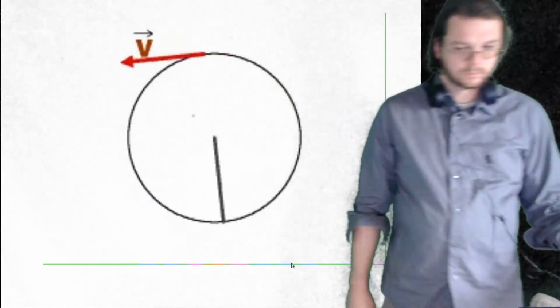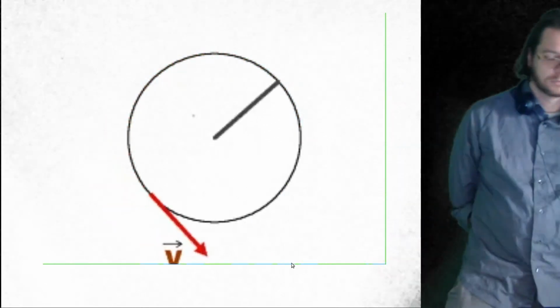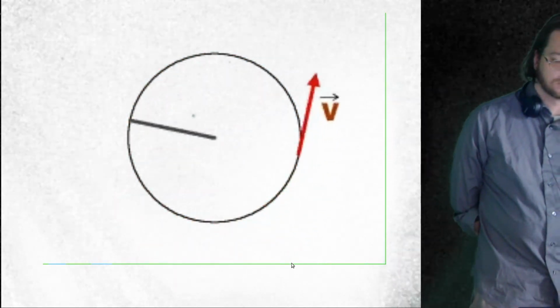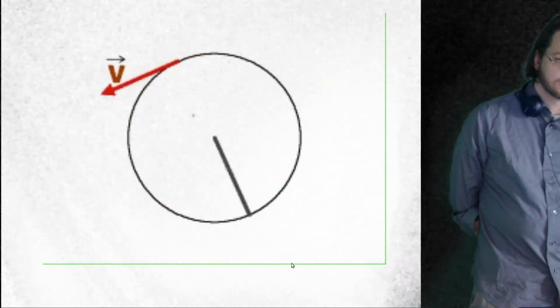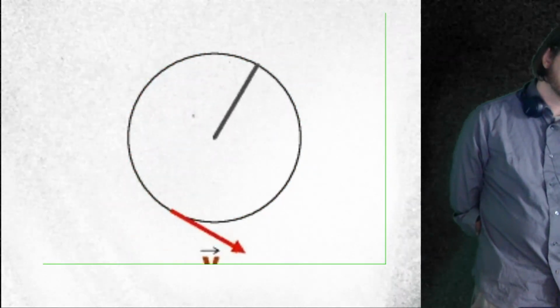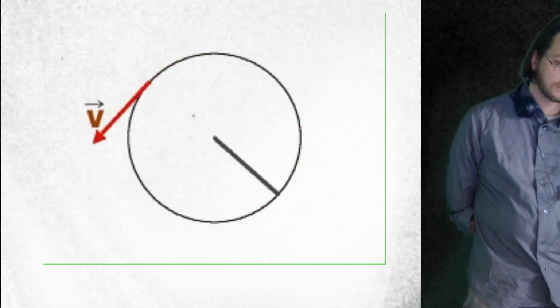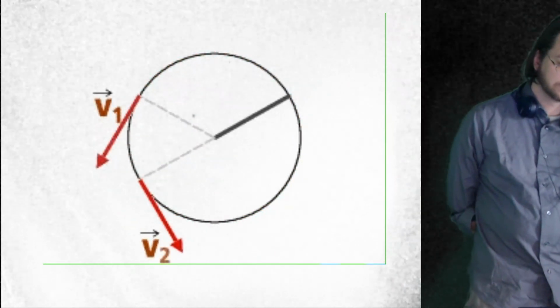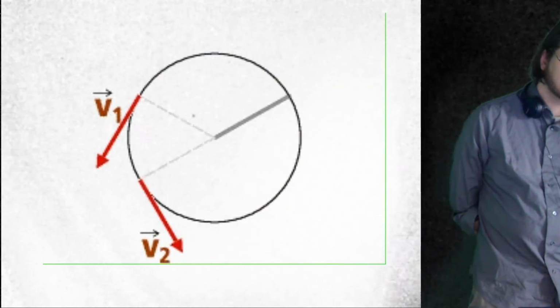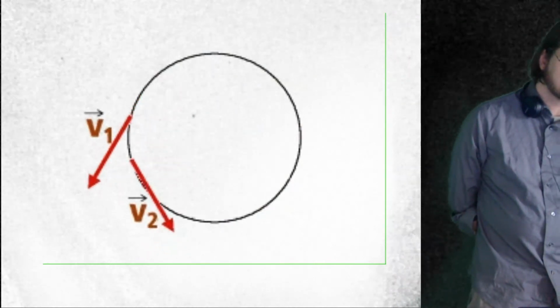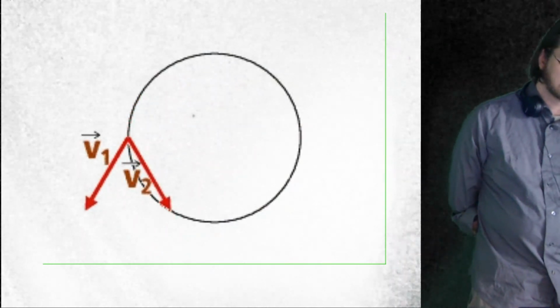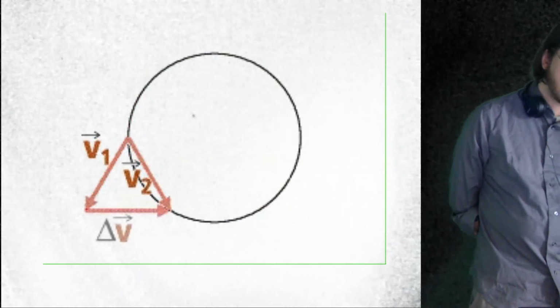If a point is moving in a circular path with a constant speed, its velocity vector is always changing direction, and it therefore has an acceleration. Suppose that during a time interval delta t, the disk rotates through an angle delta theta. The acceleration vector is proportional to the change in velocity. So let's find delta v.